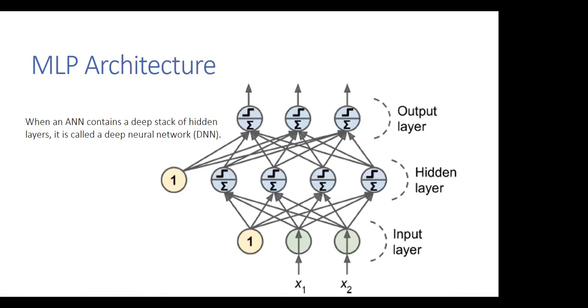And from here, we can see that a deep neural network is a neural network that consists of many hidden layers. For example, instead of one hidden layer, we have 300 hidden layers.